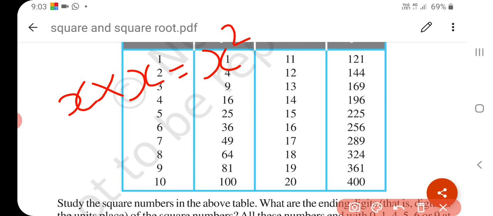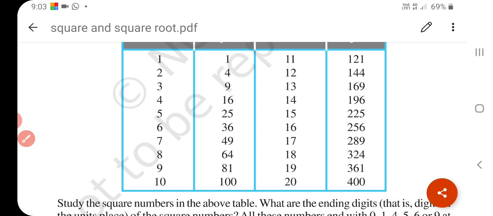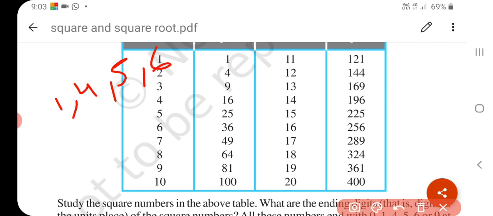So this is the square of a number, and a square number always ends with 1, 4, 5, 6, 9 or 0.